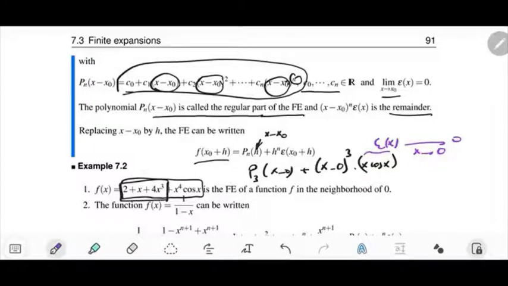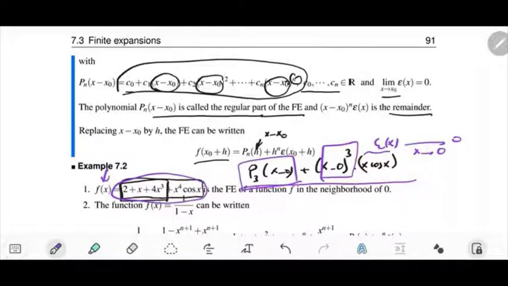So this expression is a polynomial of power 3 plus x^3 times epsilon of x. It is a finite expansion because it's a polynomial of degree 3 plus x^3 times a function that goes to 0 as x tends to 0. And it's not written in the forms that we had before, maybe. I'm saying maybe because we don't have another expression for f to compare the f prime and f double prime.